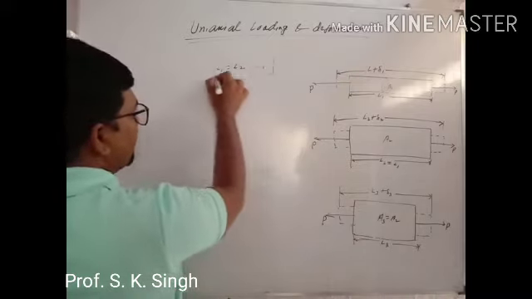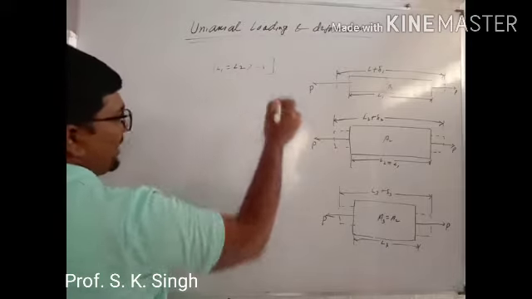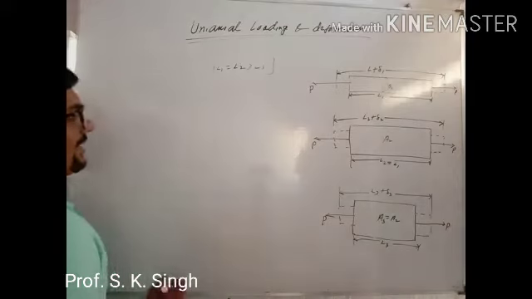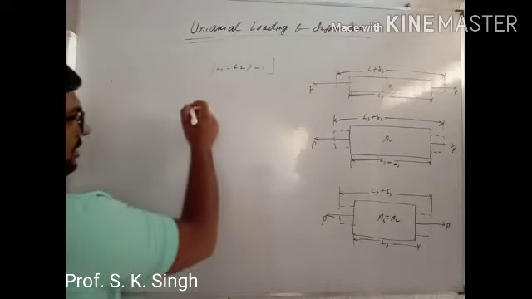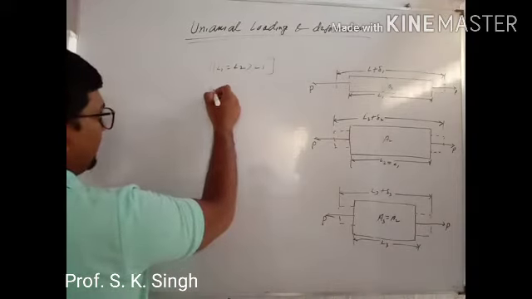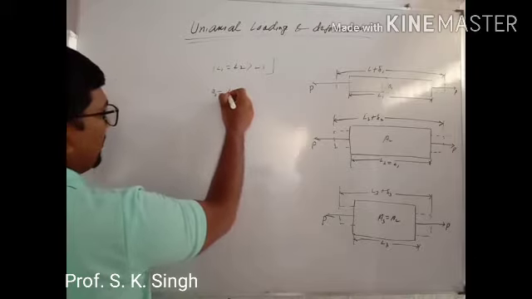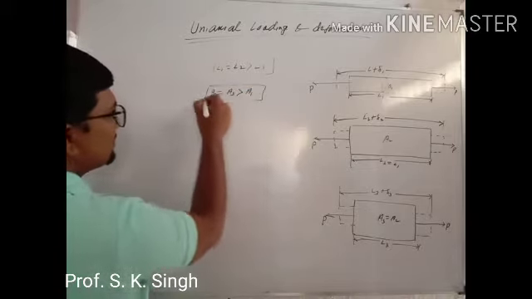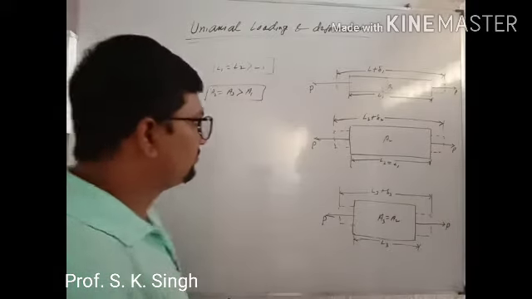This is the first one. Second one is A2 equal to A3 greater than A1. You can see in the diagram.